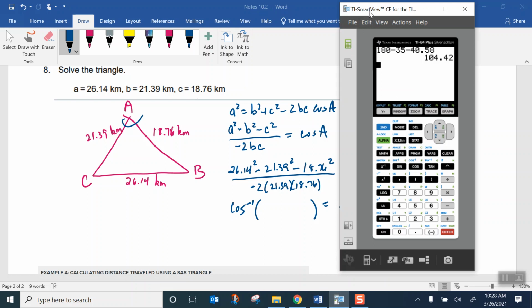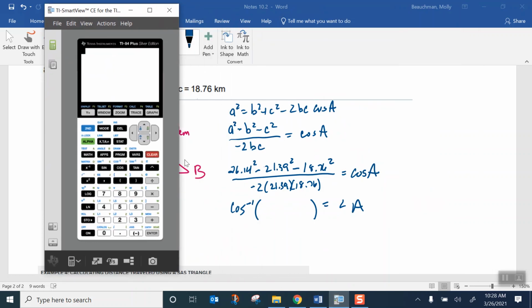If you're not comfortable putting it all in at once, you can go ahead and just find the cosine first. 26.14 squared minus 21.39 squared minus 18.76 squared, in parentheses, divided by parentheses, negative 2 times 21.39 times 18.76.